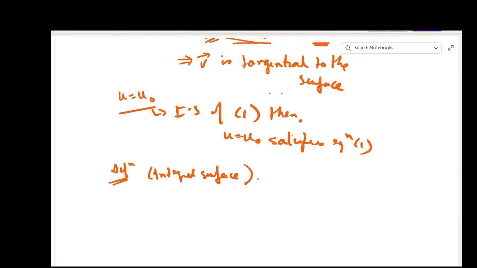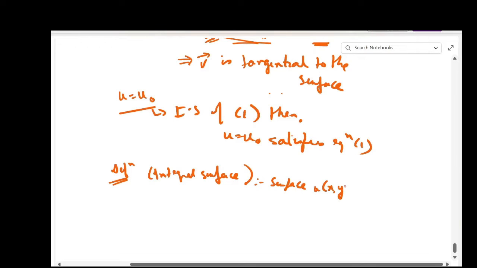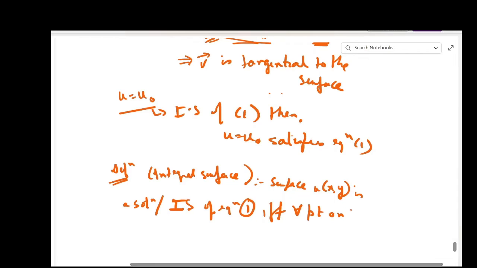The surface u(x,y) is a solution, or rather an integral surface, of the given PDE, equation 1, if and only if for every point on the surface, the tangent plane contains the direction v.